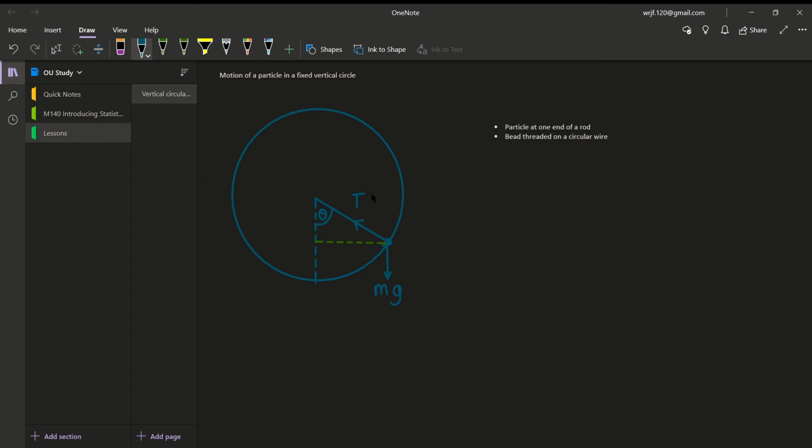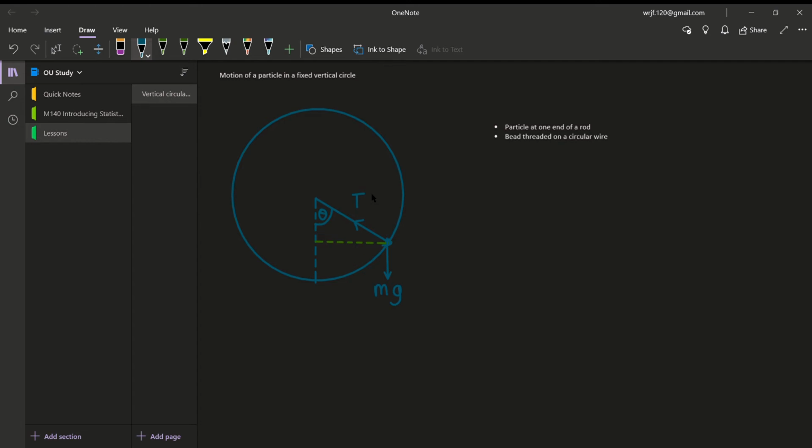and conditions under which that might happen. But first, in this video, I want to look at the case where the particle is fixed in its vertical circular path. And so there's a couple of examples that I've listed up there of types of situations that fit this sort of scenario.